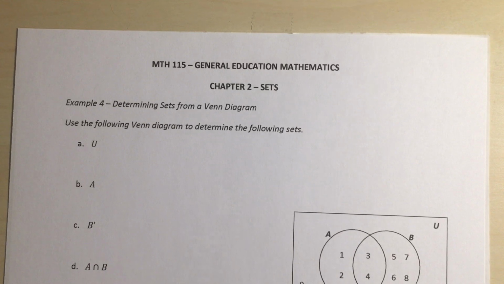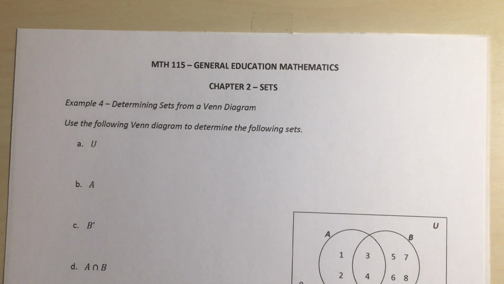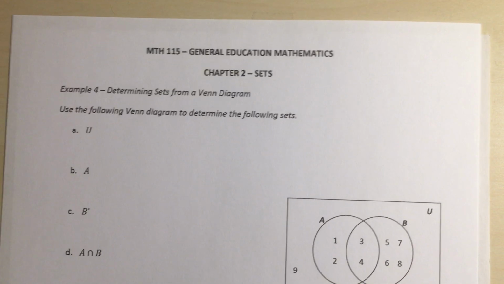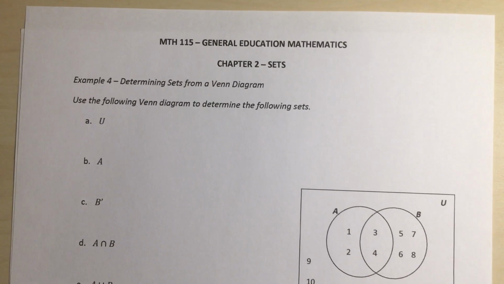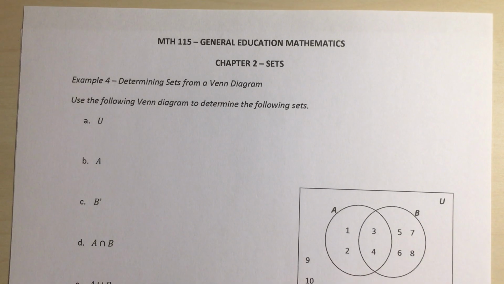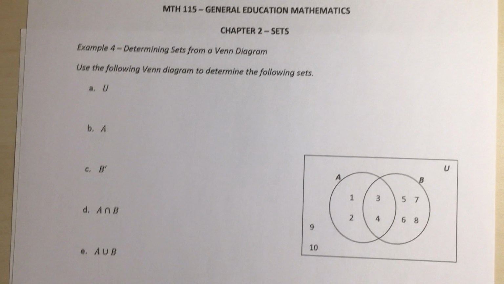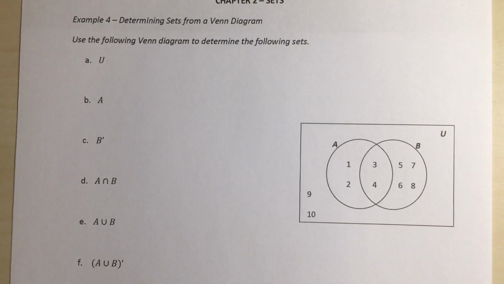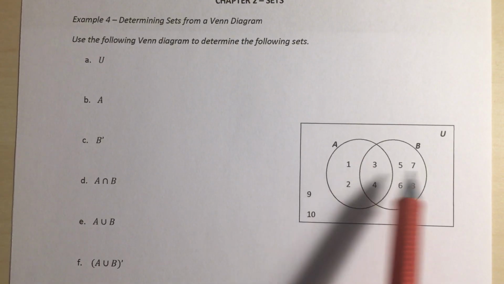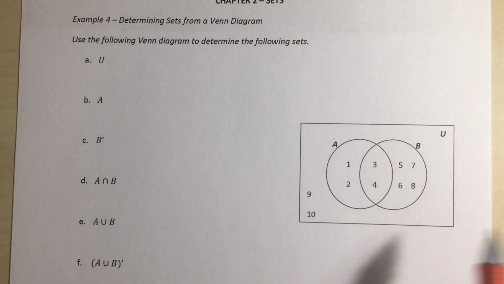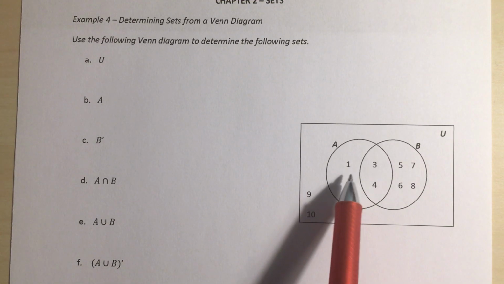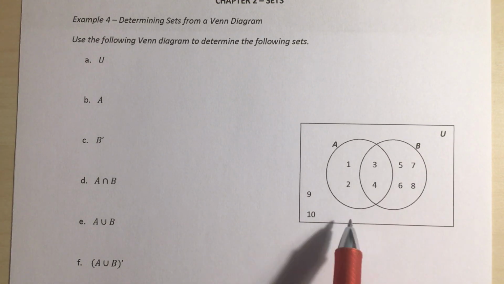All right, so use the following Venn diagram to determine the following sets. The first thing that we are asked for here is the set U. So U is our entire rectangle down here. Let's move this up so we can see that whole picture. We have set A, set B, then we have our universal set. And in here, we have the numbers 1 through 10.